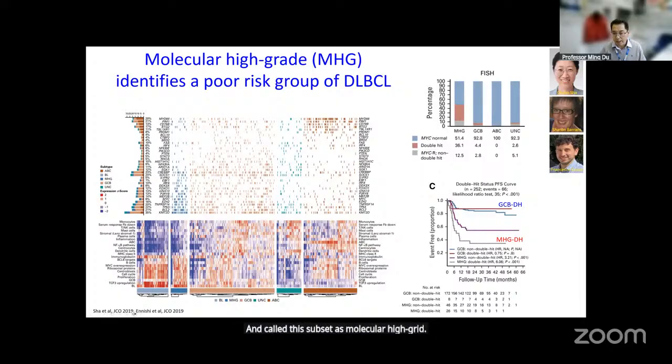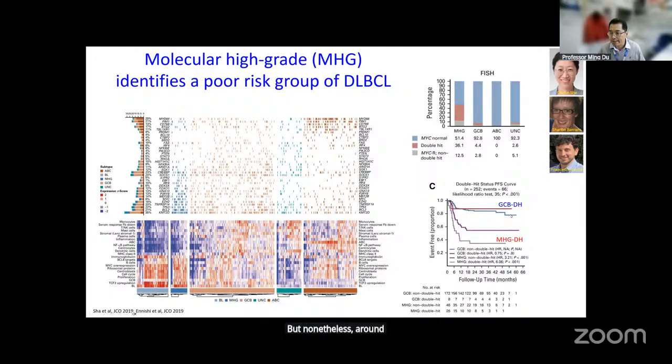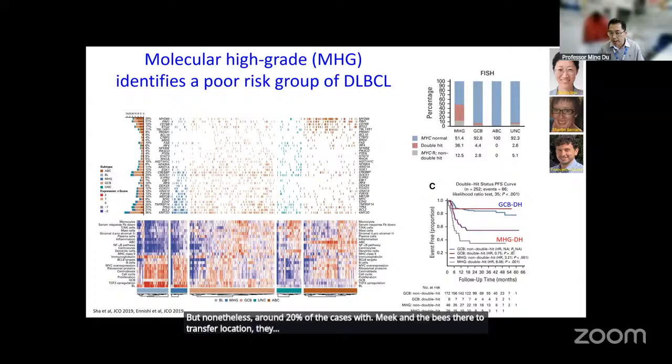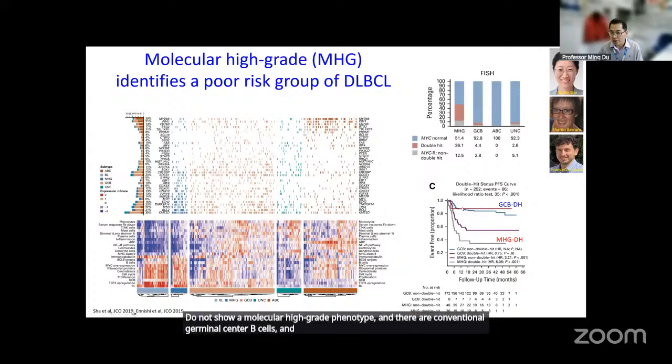As we can understand, this molecular high-grade diffuse large B-cell lymphoma shows a very aggressive clinical outcome. But nonetheless, around 20% of the cases with MYC and BCL2 translocation do not show a molecular high-grade phenotype, and are conventional germinal center B cell. These cases show, as you can see here, much better survival, very similar to conventional germinal center B cell lymphoma.